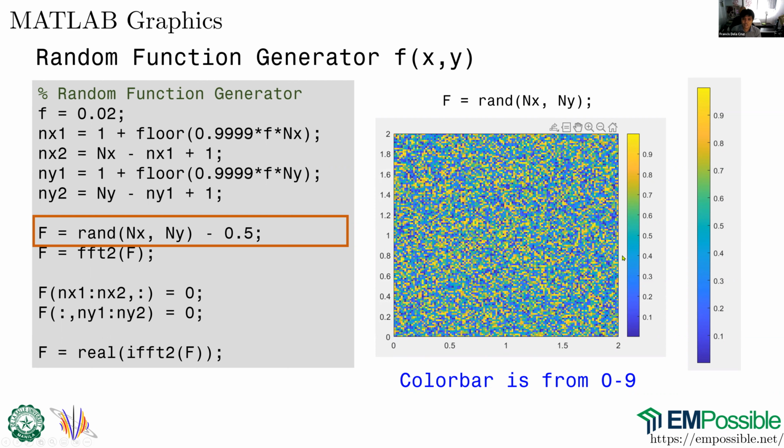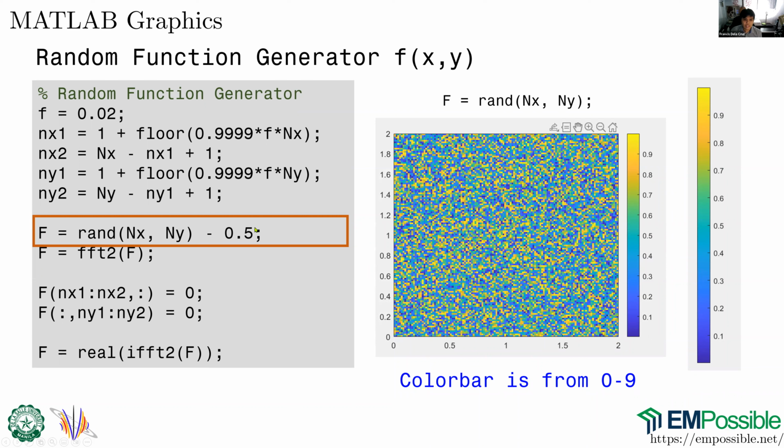Take note that in this case, the color bar is from 0.0 to 1.0. Sorry, I said 0 to 9 earlier, that was wrong.